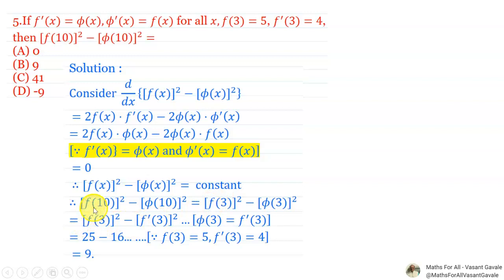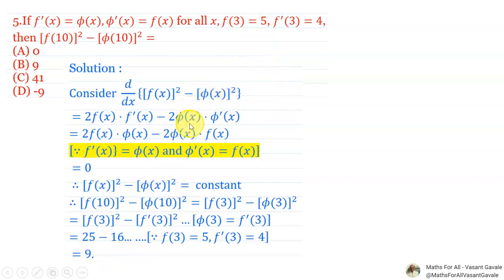Therefore f of 10 bracket square minus phi of 10 bracket square is equal to f of 3 bracket square minus phi of 3 bracket square. Now substitute the value. Phi of 3 means what? f dash of 3. Therefore f of 3, its value is 5 square.